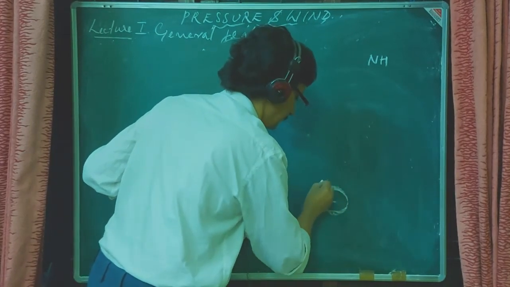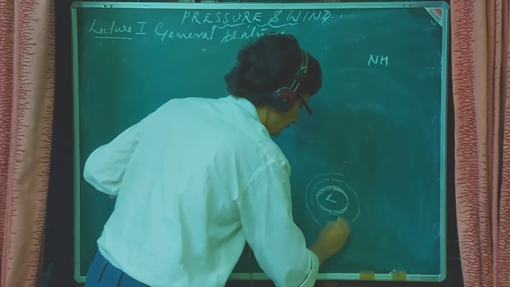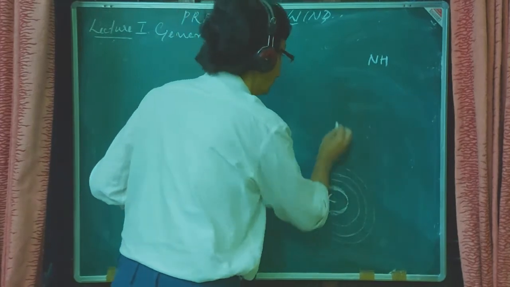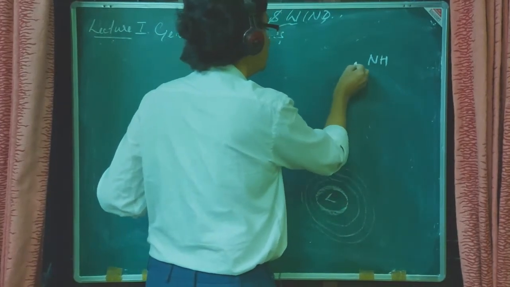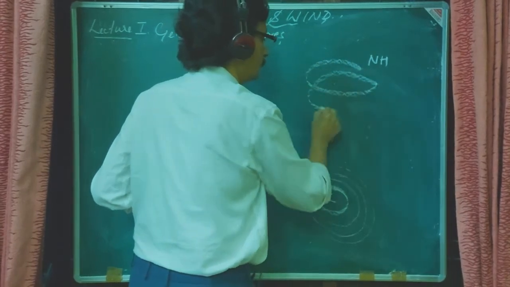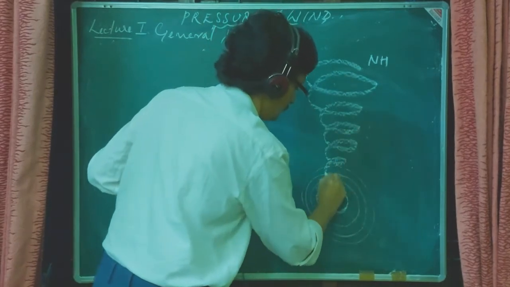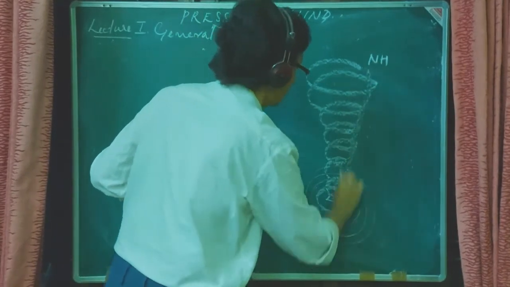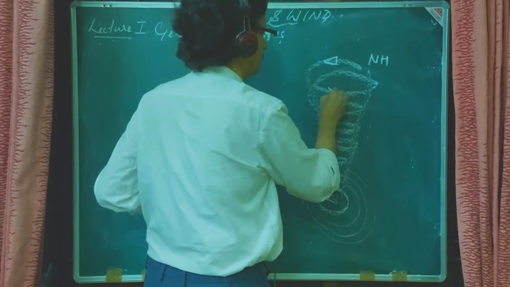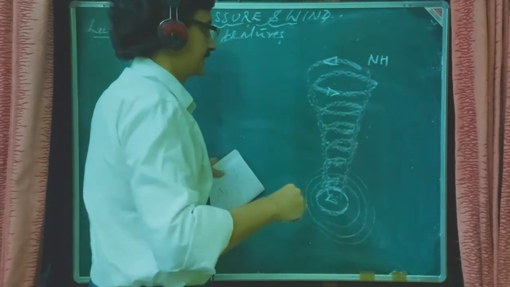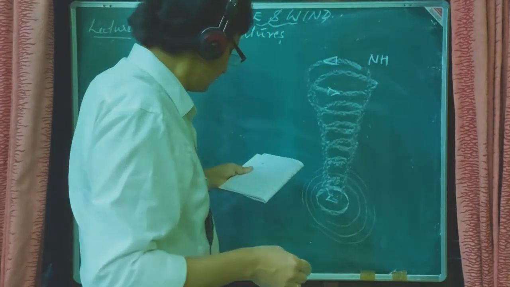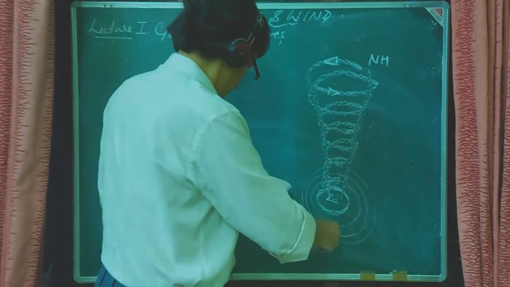No doubt there will be several contours of low, that is a concentric low pressure area, and you know the wind circulation in the northern hemisphere will be in the cyclonic direction.